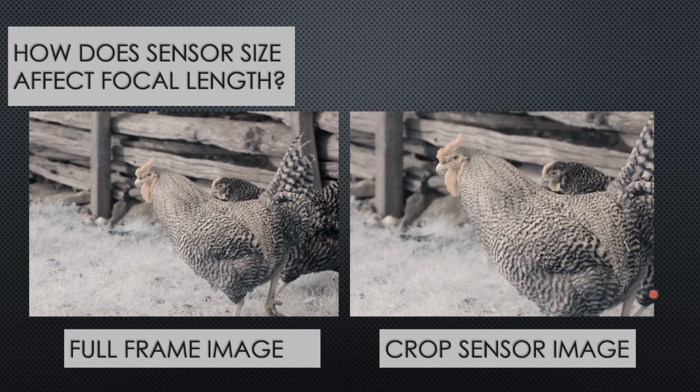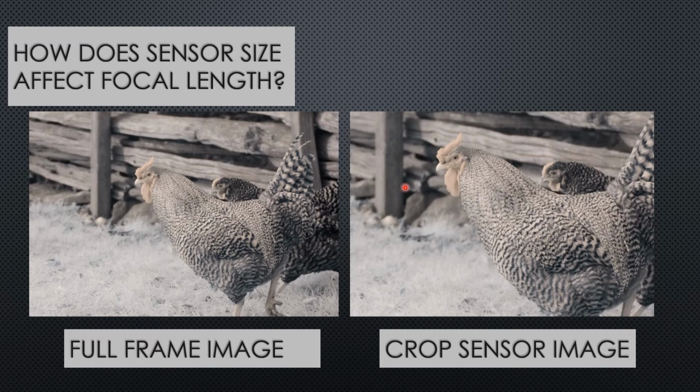What that means is if I'm shooting a 50 millimeter lens on a full frame body and then I mount that same 50 millimeter lens onto a crop sensor body, it will yield an image that will be similar to a 75 millimeter lens. A 50 times a 1.5 crop factor gives you the impression of shooting that same image with a 75 millimeter lens.